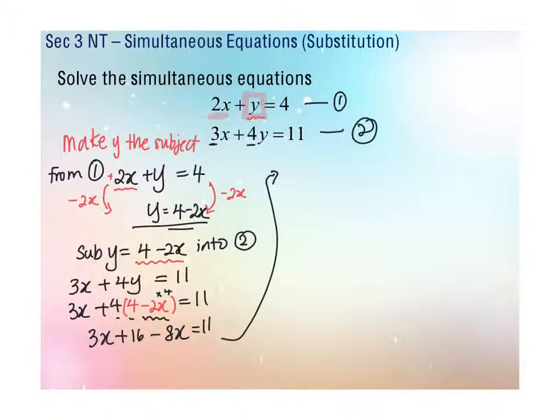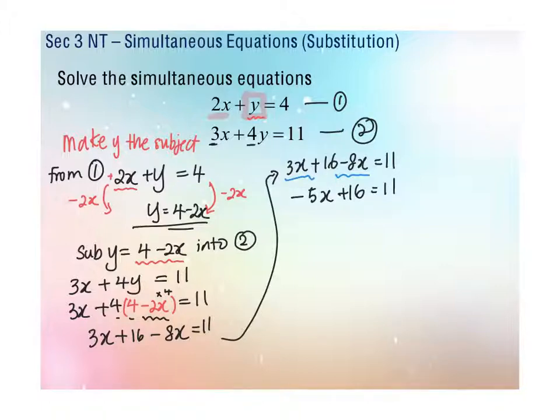So in this case, we will have our equation 3x plus 16 minus 8x equals 11. Let us simplify these. We will have the like terms together, 3x with negative 8x. So 3 minus 8 will give us negative 5x, plus 16 equals 11.